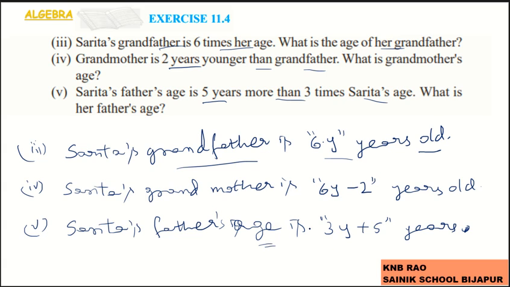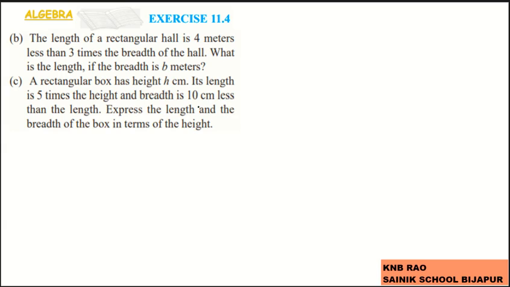Next, coming to question number B. The length of a rectangular hall is 4 meters less than 3 times the breadth of the hall. Now, I am just drawing a figure.